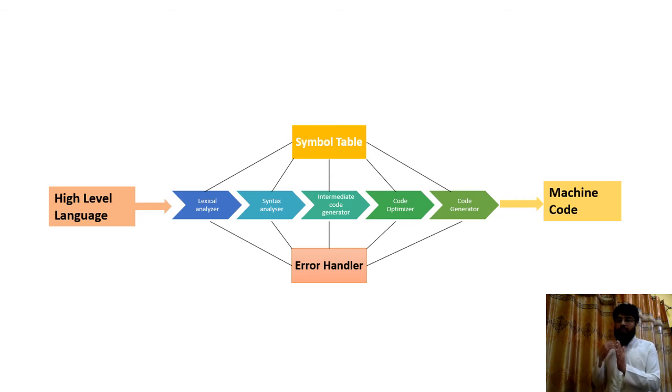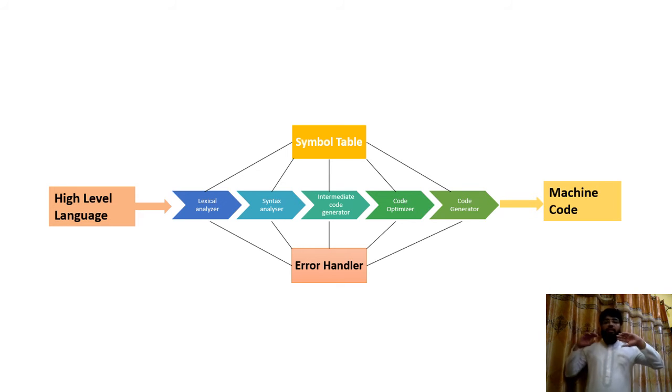When we enter high-level language, it performs lexical analysis, which belongs to the symbol table, and second is syntax analysis, third is the intermediate code generator, and fourth are code optimizer and code generator.